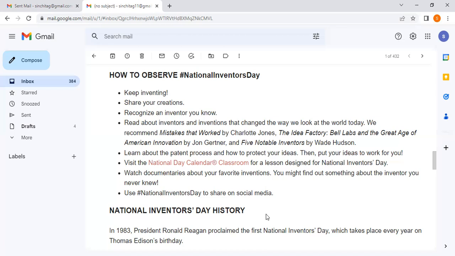Very good. So, is there any word of which you don't know the meaning, beta? See, these are the names of the books from which you can know about the inventions these great people have made. Wade Hudson, John Gardner, Charlotte Jones, all this.